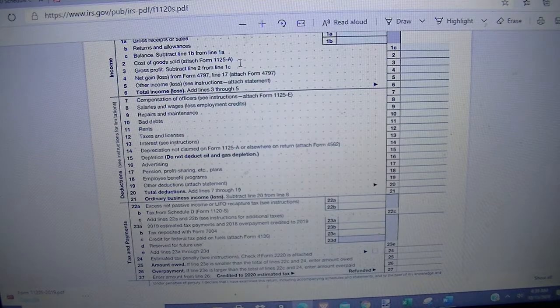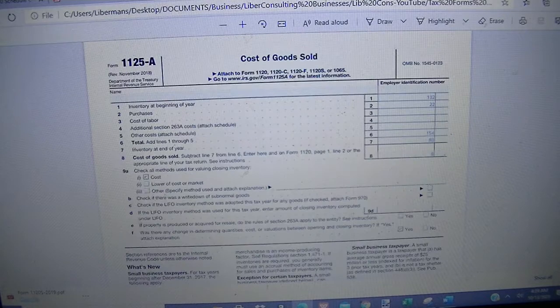So this attachment, Form 1125A, let's open it here. Pretty much purchases during the year: if you spend $1,000 on goods and you pay $200 in credit card interest, you can put 1,200 on that row.